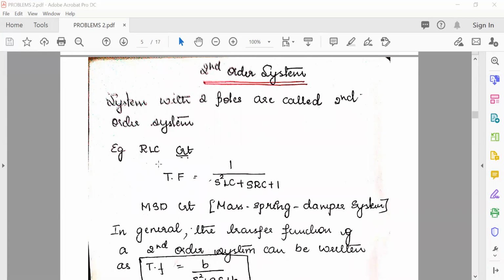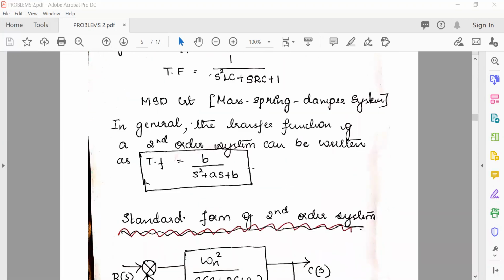For the general transfer function, if it is an RLC circuit, the transfer function of that RLC circuit will be 1 by s square LC plus sRC plus 1. If it is a mechanical system, here MSD is the mass spring damper system.